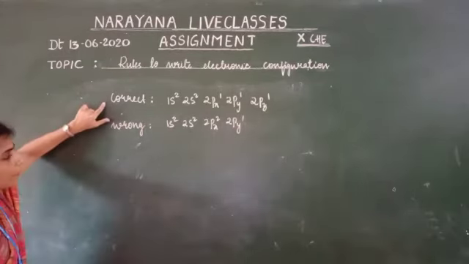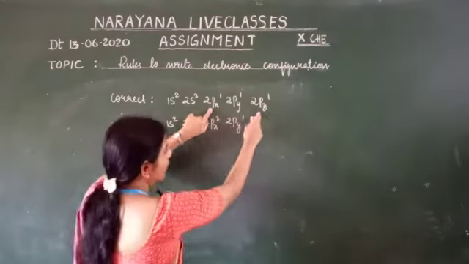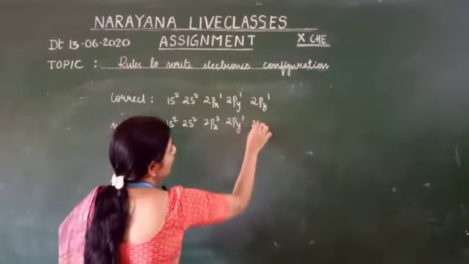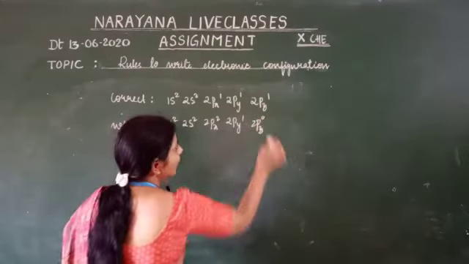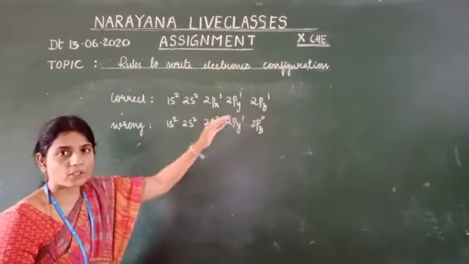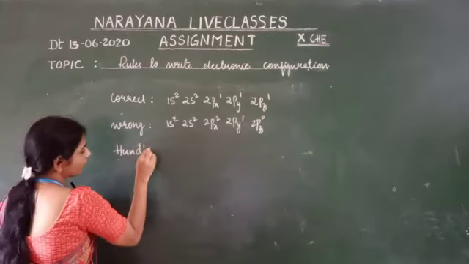Observing again, here the degenerate orbitals are singly filled. Here degenerate orbitals are not singly filled, because here we will be having 2pz0. So going to the definition of degeneracy, we will be following Hund's rule.